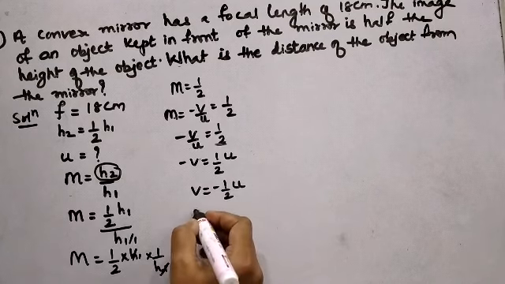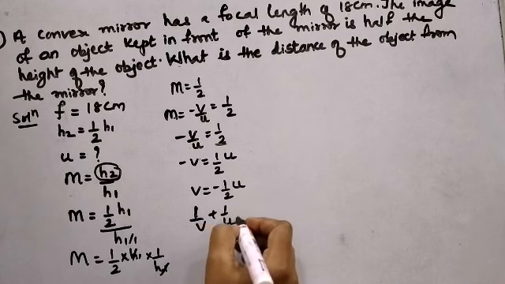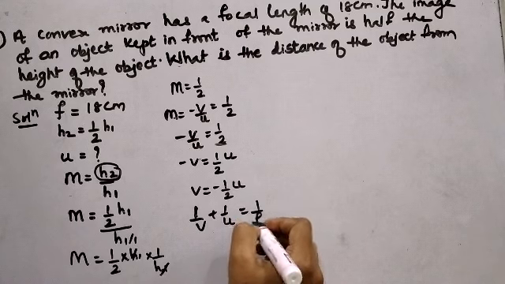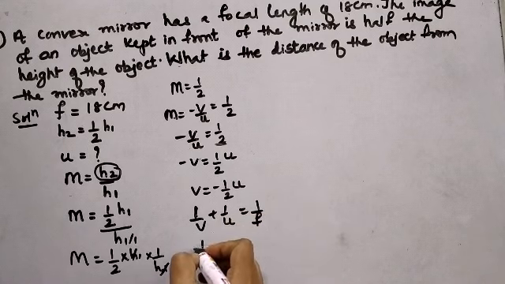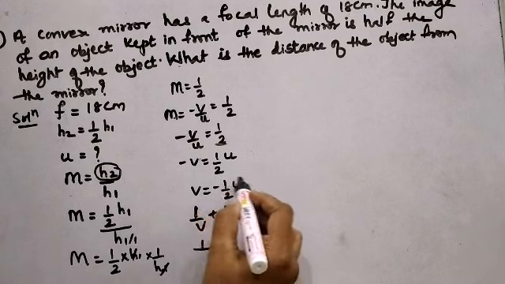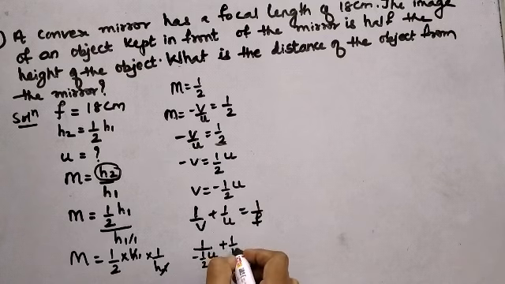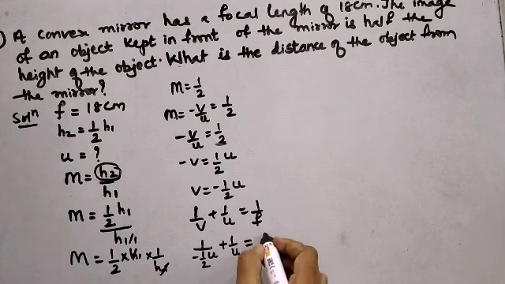So now I will use the mirror formula, 1 upon v plus 1 upon u is equal to 1 upon f. Now 1 upon v, when I am going to substitute v, I will be substituting this value for v, that is minus 1 upon 2 u, plus 1 upon u. Do I know u? No. I have to calculate u. Is equal to 1 upon f, which is 18.